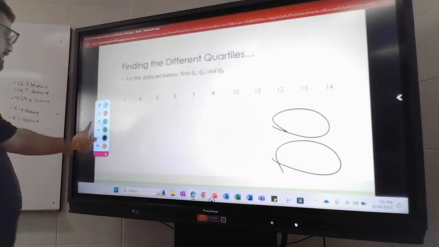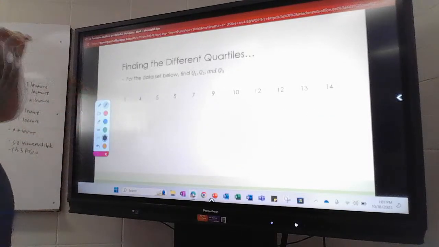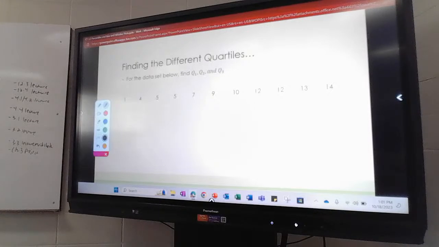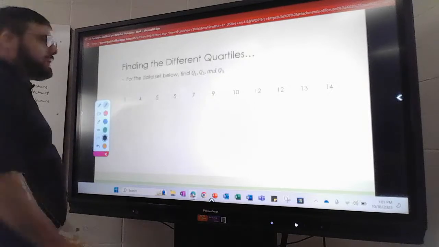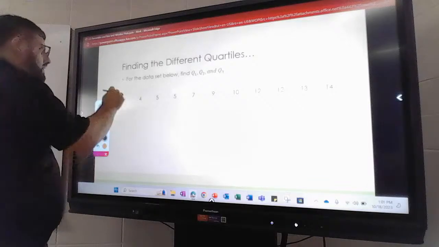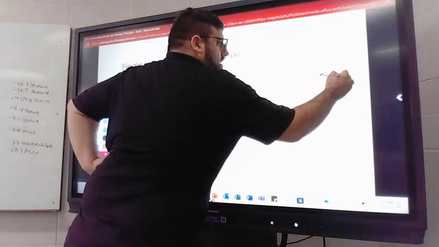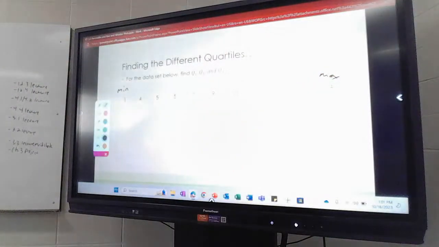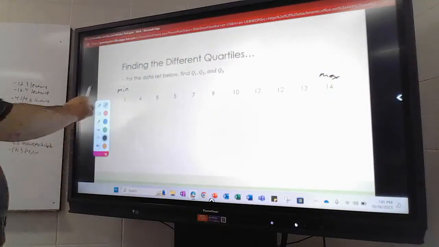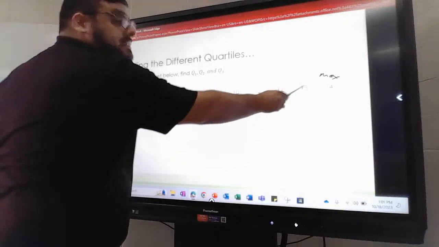Okay, so here's an example. Here's the data. I'm looking for the median, the first and the third quartile. I also want to look for the minimum and maximum too, because that's going to play a role later on in this section. So obviously my smallest value is 1. My largest value is 14. All right. This is 1, 2, 3, 4, 5, 6, 7, 8, 9, 10, 11.